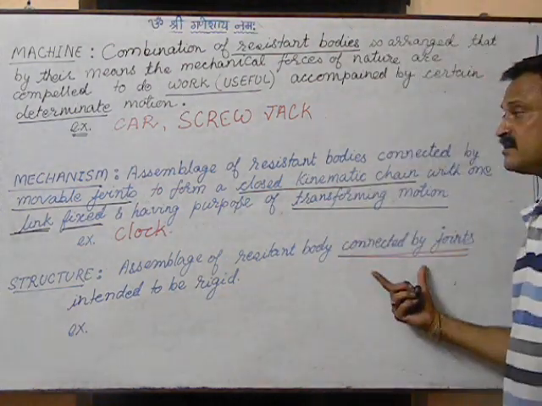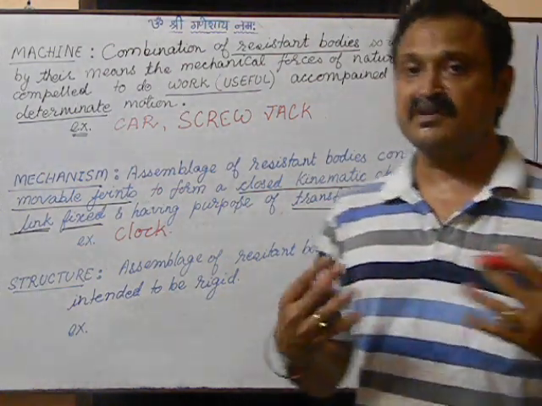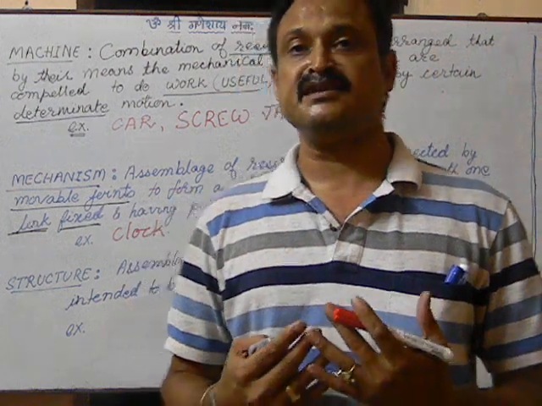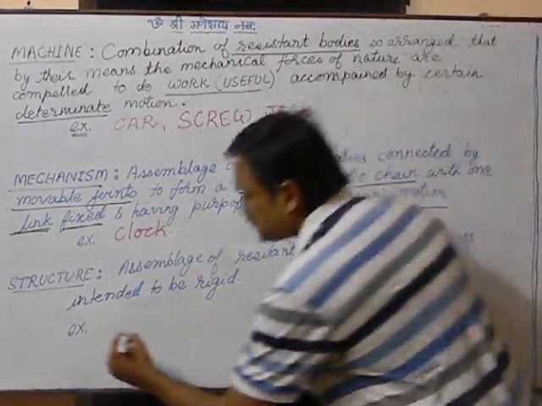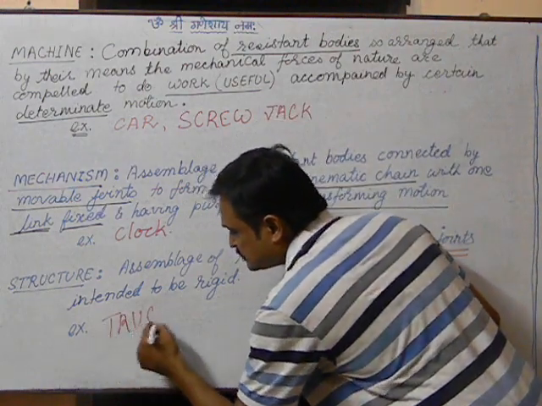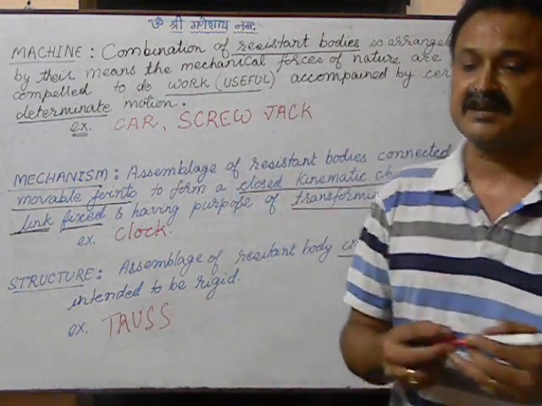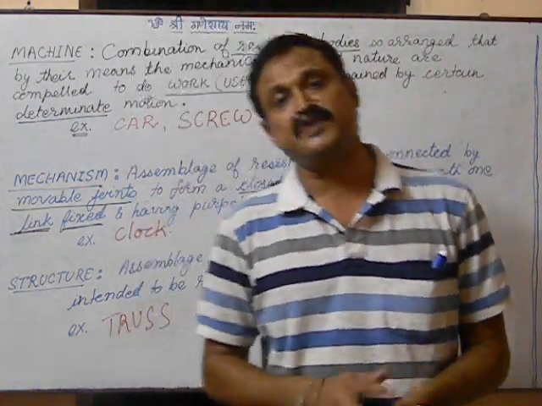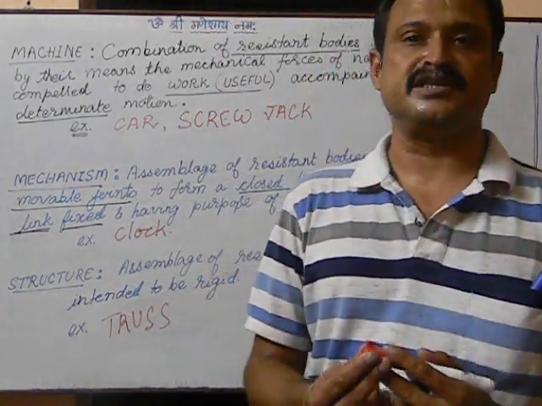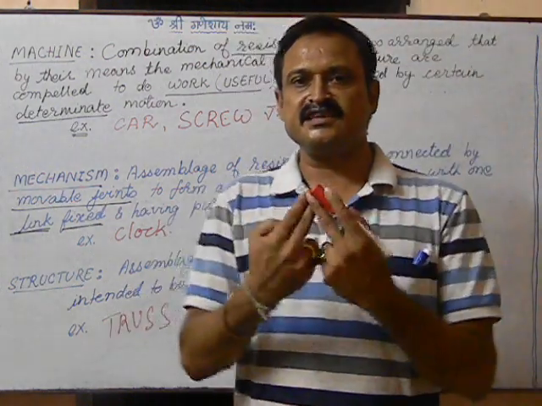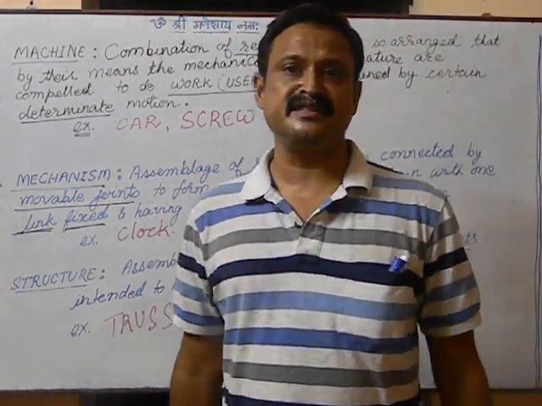So here you will find out that there won't be any relative motion between the two members involved in a structure. For example, a truss or a bridge, or a table or a chair, it is made up of so many components joined together, but all these joints are fixed joints. So you won't see that there is a relative motion between the members.